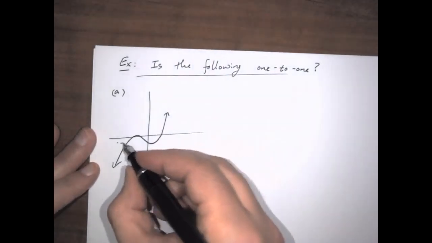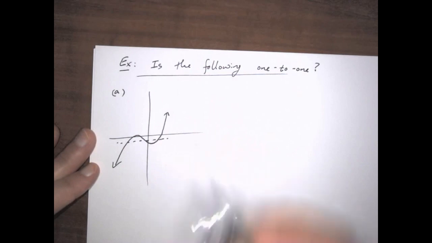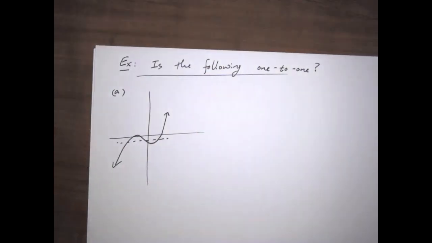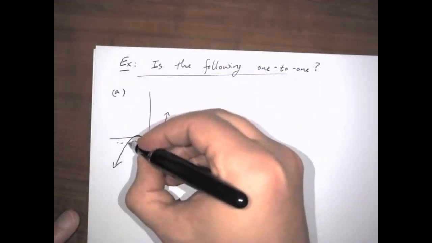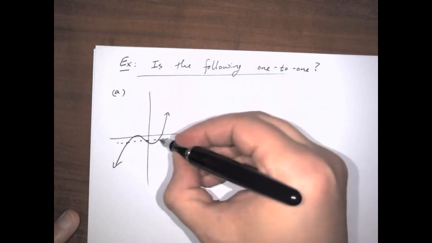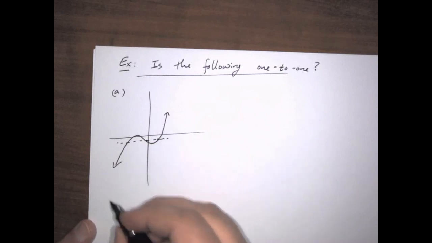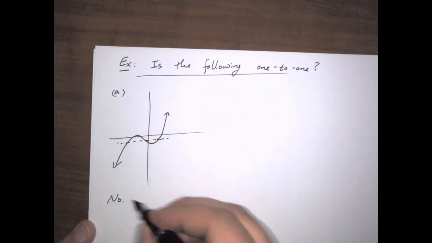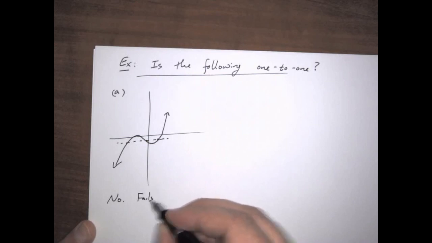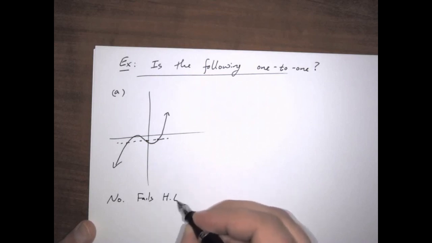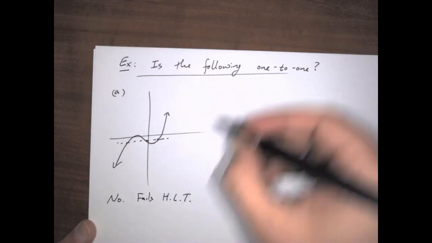Now the horizontal line test is just like the vertical line test, except that it pertains to horizontal lines. So here what we have are 3 different points that all share the same y value, but have different x values. So that's a failure of the horizontal line test, which means the function is not 1 to 1.